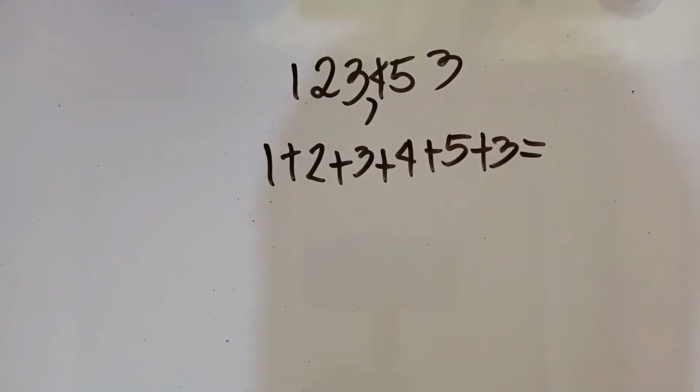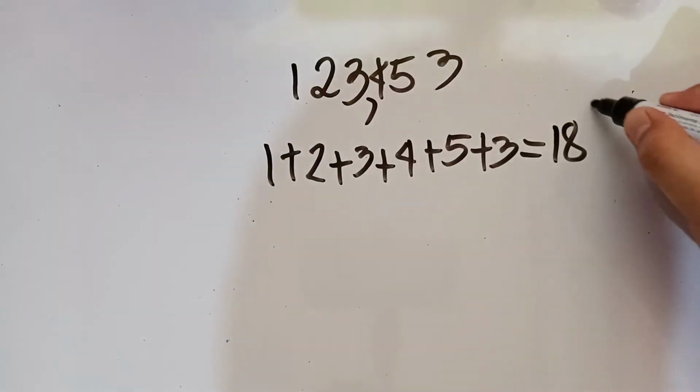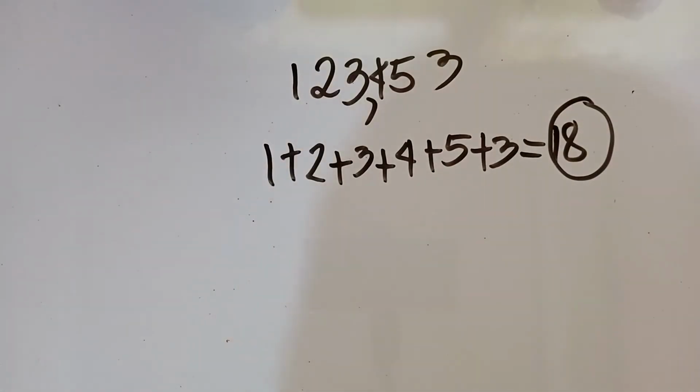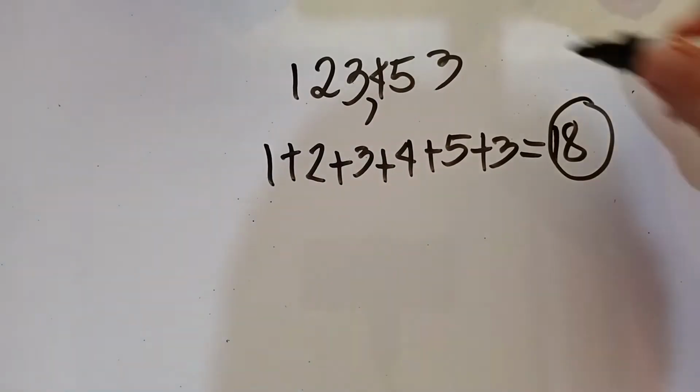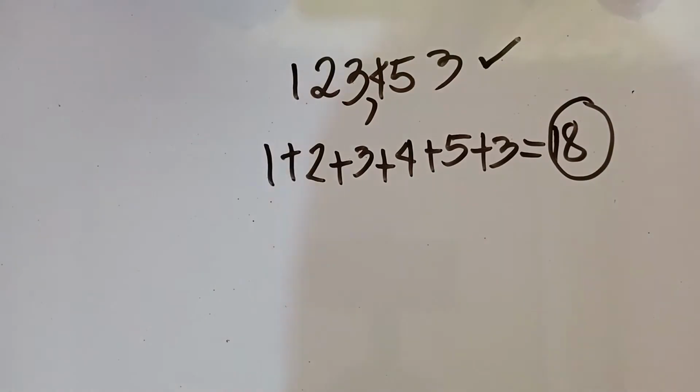So, 1 plus 2 plus 3 plus 4 plus 5 plus 3 is equal to 18. Then, tingnan natin po yung sum. Is 18 divisible by 9? Yes, tama mga boss. Since the sum of the digits is divisible by 9, therefore, we can conclude that 123,453 is also divisible by 9.